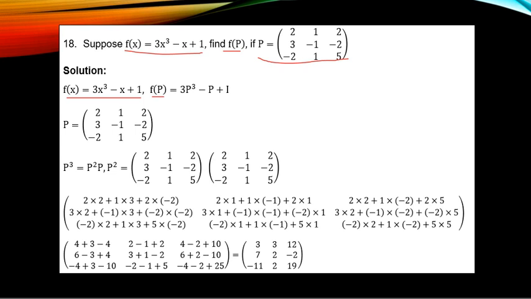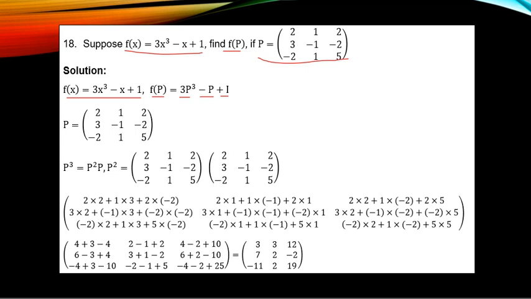So in place of s, you put P. You have 3P cubed, then minus P. If you multiply 1 by I, you have I, that is the identity matrix.